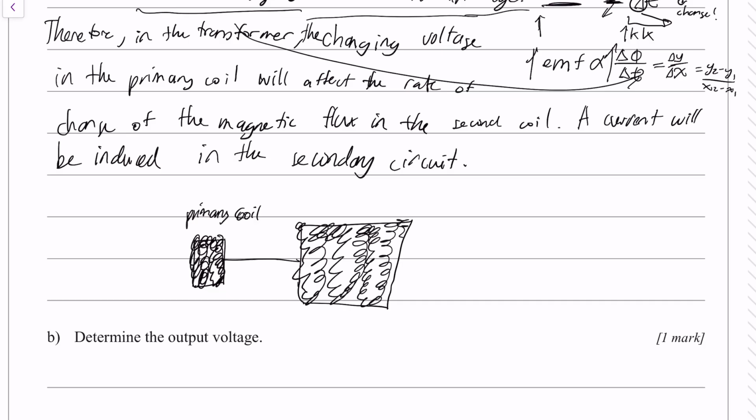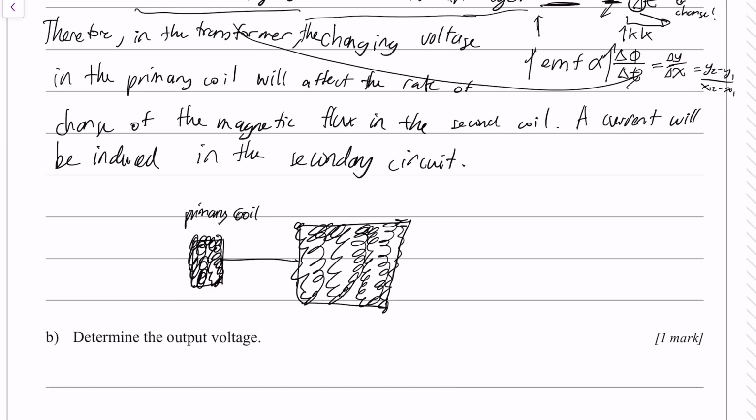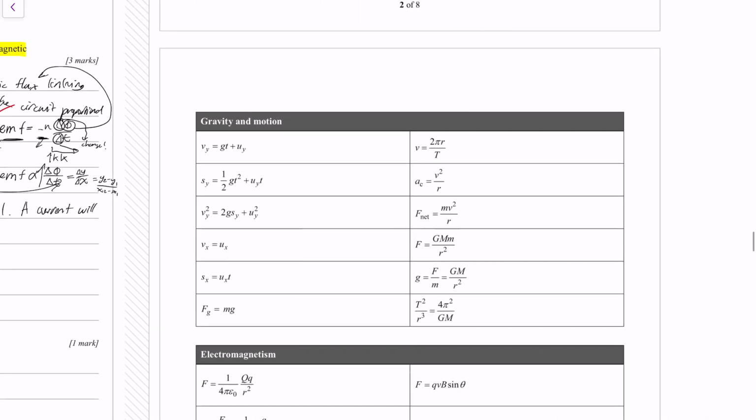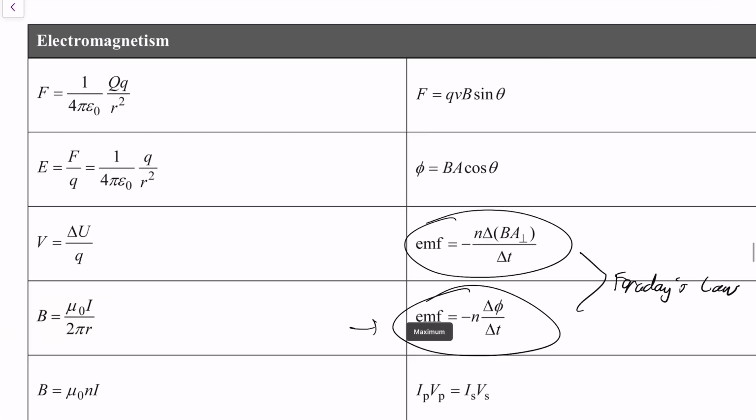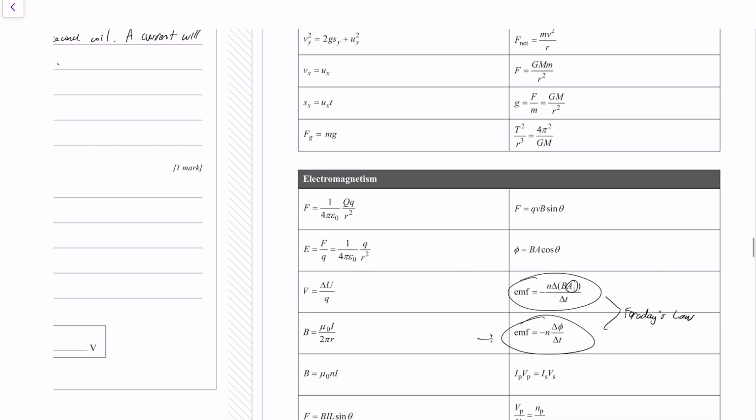Okay, and then if magnetic flux changes, so say it will increase because there's more surface area now, which is part of that first formula, that magnetic flux is proportional to the area.